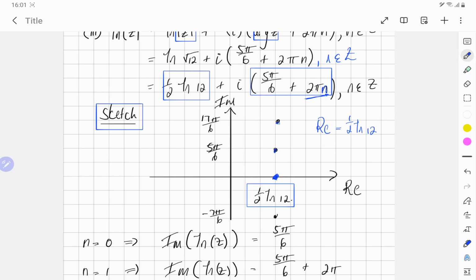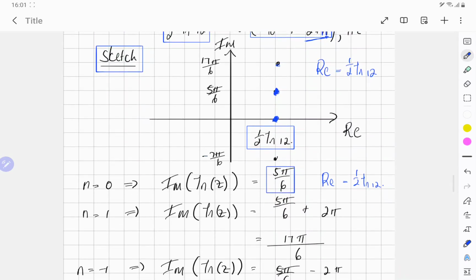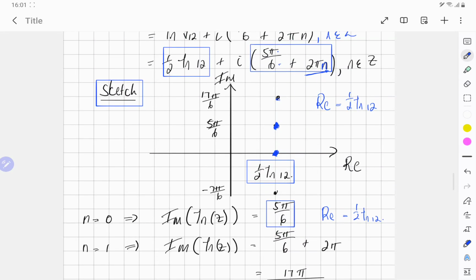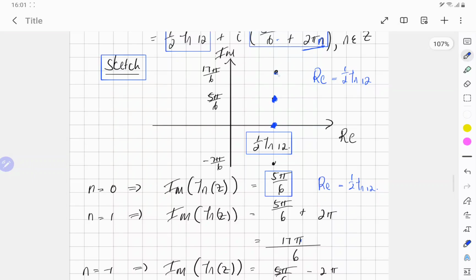If n is 0, I will get 5 pi over 6, but my real part is still a half ln 12. So a half ln 12 and 5 pi over 6, that's my value there. Then if n is 1, I will get 5 pi over 6 plus 2 pi, which is 17 pi over 6, so obviously bigger.